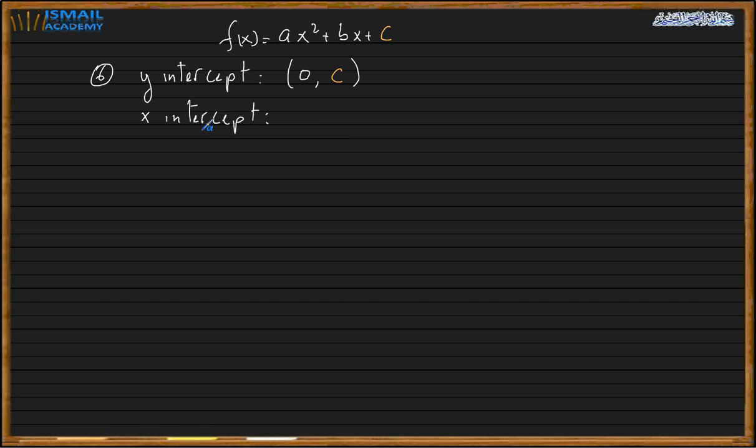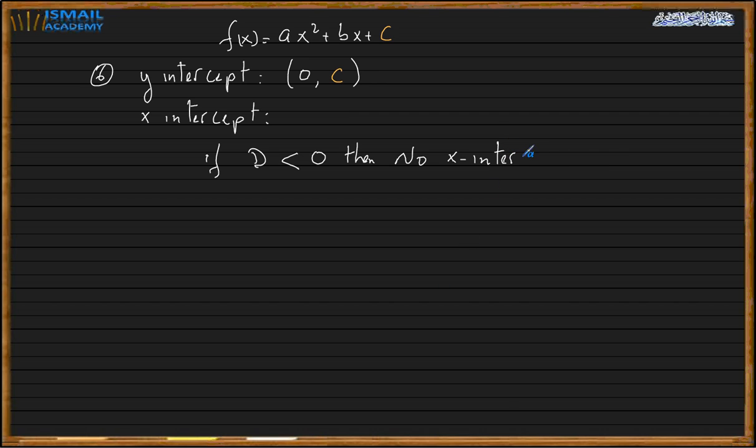For the x-intercept, it depends on the discriminant. If the discriminant is less than 0, that means there is no x-intercept. In that case, either the graph is above the x-axis or below the x-axis.